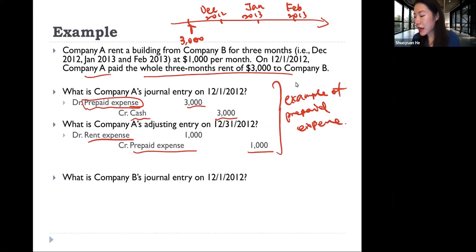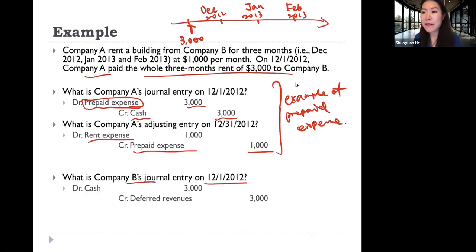Then if you look at company B, what is company B's journal entry on December 1st, 2012? Company B received cash 3,000, so cash increased by 3,000. At the same time, company B hasn't really performed any service for company A yet. So company B cannot recognize revenue at this time.